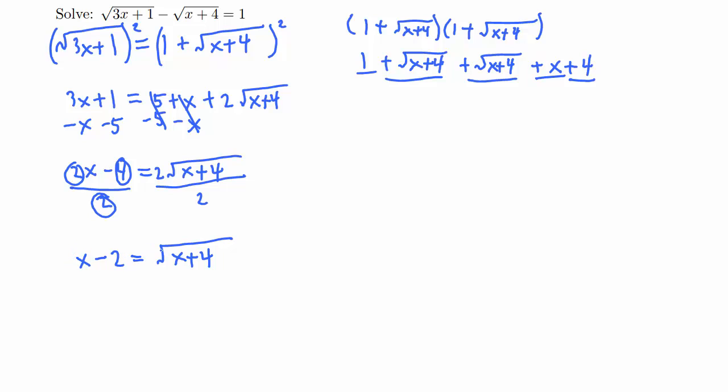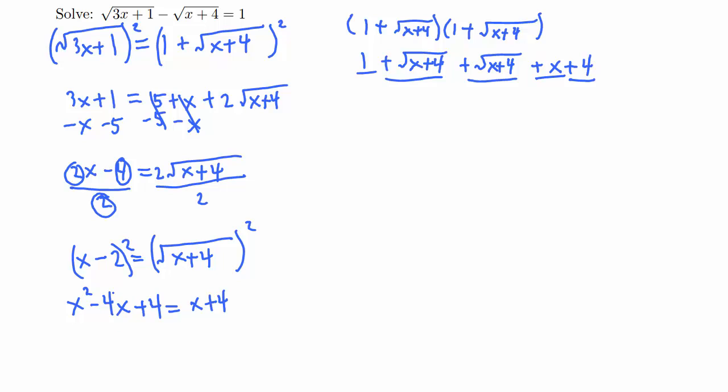And again, at this point, because this is the square root, I'm going to be squaring both sides. And the left-hand side is going to simply be x squared minus 4x plus 4 is equal to, this just leaves me with the radicand, x plus 4. Now some people tend to have trouble figuring out the x squared minus 4x plus 4.